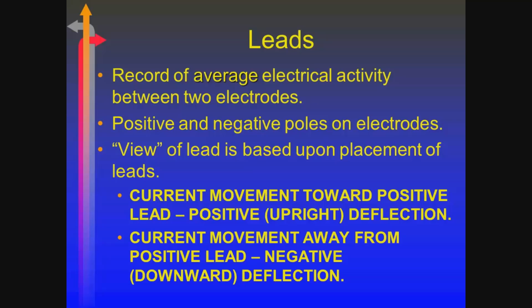If the movement is away from that, it's going to have a negative deflection. This is very important, and it becomes the reason why we see Q wave development during a myocardial infarction. The impulse can't continue in the direction it was going, so it has to turn around. And in the process of turning around, it develops a negative waveform. Am I okay on that? That's a very, very important part of this.